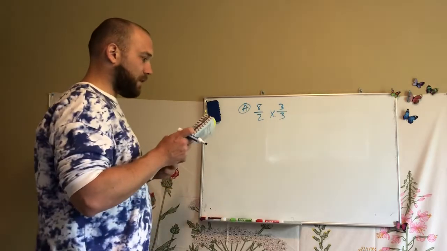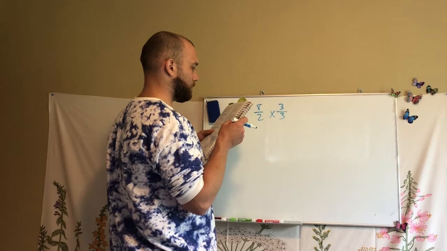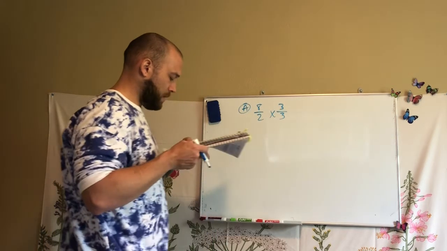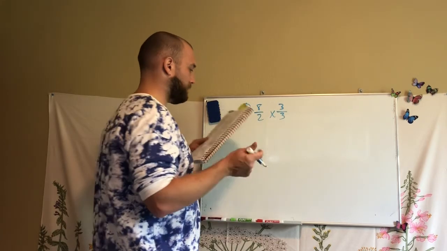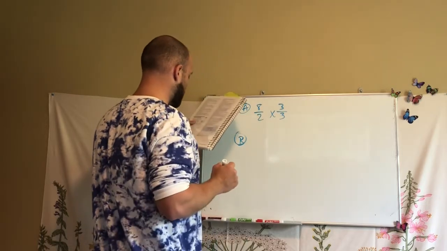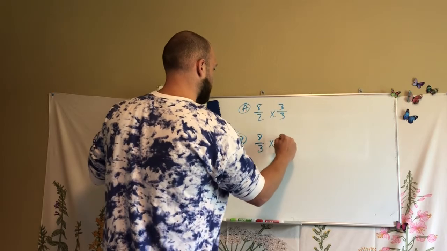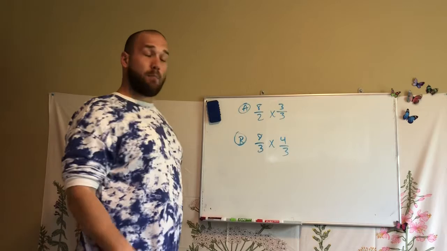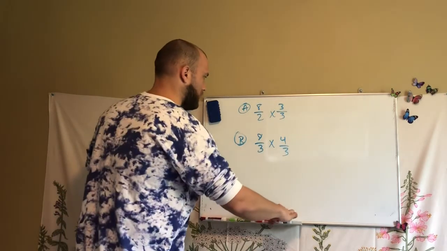So let's solve it. We're going to wait to solve it. Sorry. Problem B is 8/3 times 4/3. Is this fraction that you're multiplying by more than 1 or less than 1? It's more than 1.